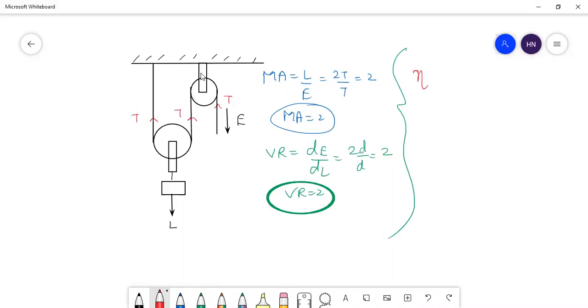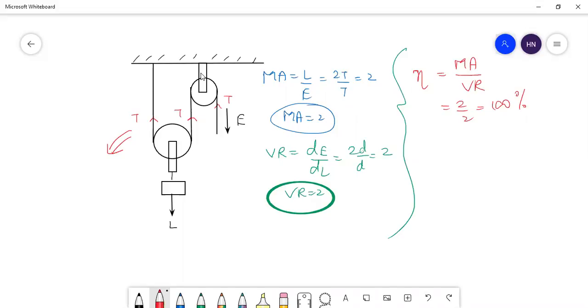See, if you make changes in your single movable pulley by adding a fixed pulley, the values of mechanical advantage, velocity ratio, and your efficiency remain unchanged. The only advantage we have with this is that we change the direction. It is easier to apply the effort in the downward direction than in the upward direction. In the last case, when we had the movable pulley, we needed to apply the effort in the upward direction.